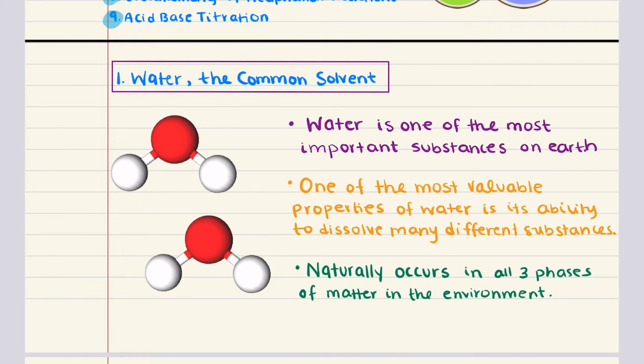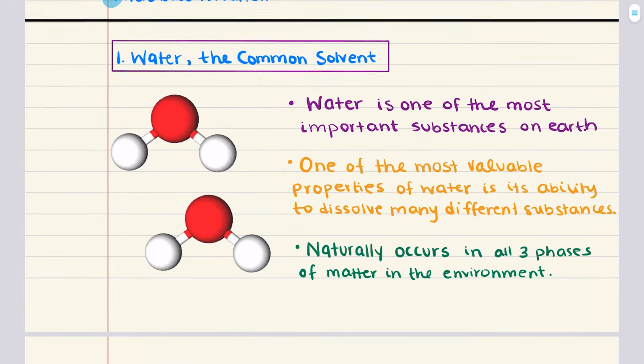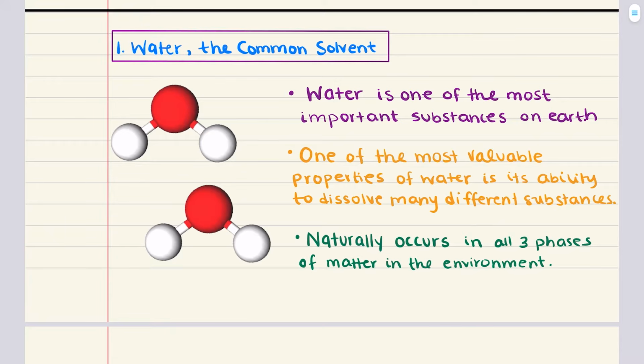However, before we can understand solution reactions, we very much need to discuss the nature of solutions in which water is the dissolving medium or solvent. These kinds of solutions are what are called aqueous solutions. Now, water is one of the most important substances on Earth.